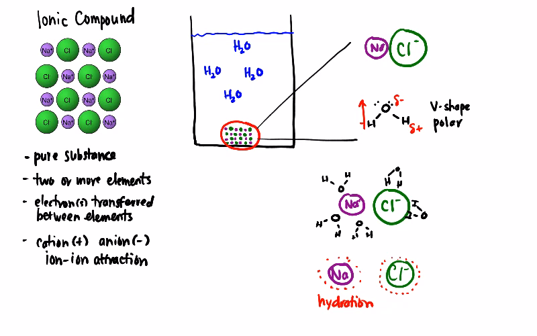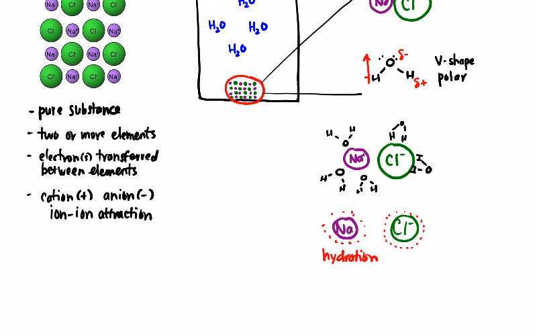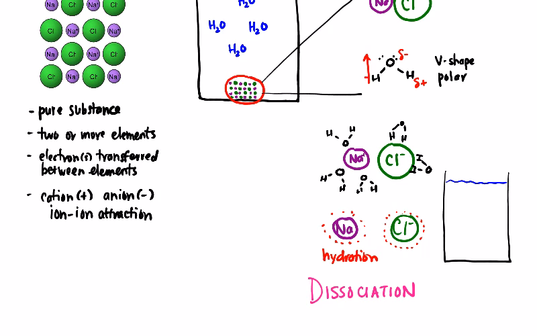When the negative and positive ions separate because they have been hydrated, we call this process dissociation. Okay, so we say that the sodium chloride dissociates in water, and the sodium chloride solution then contains free-floating sodium and chloride ions.